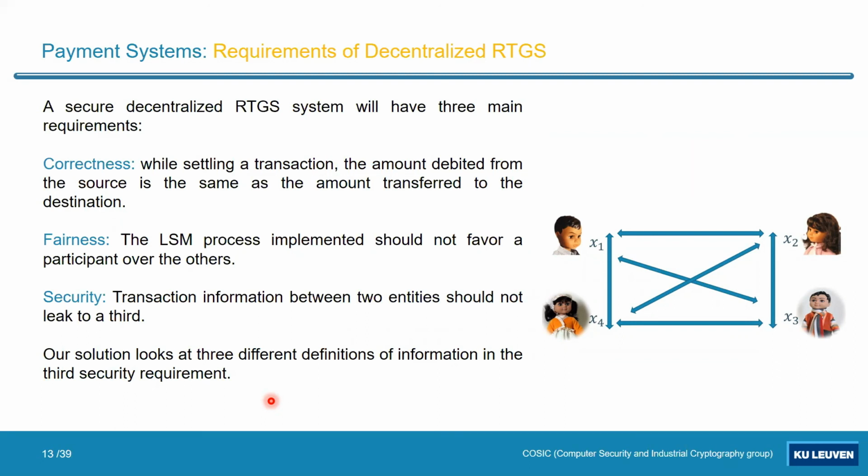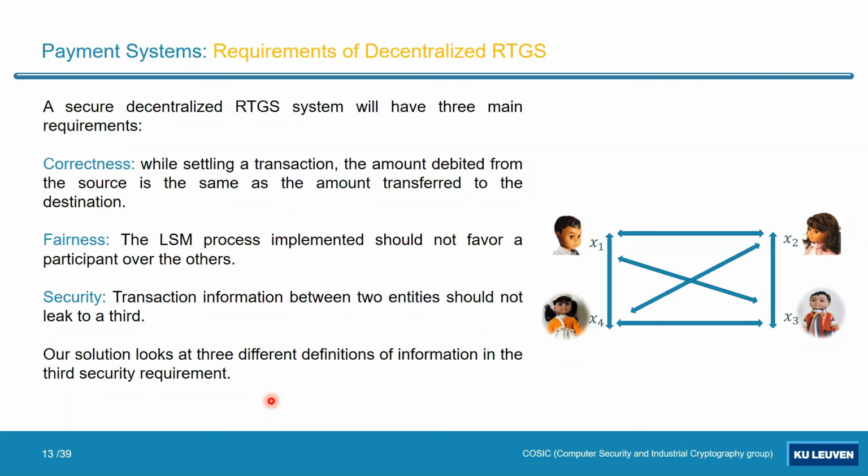Correctness means that the money which we are debiting from the source account and want to transfer to the destination account should be the same. Fairness means none of the parties, none of the banks, should be favored over the others. And security means that transaction information between two parties should not leak to another party, to a third party.